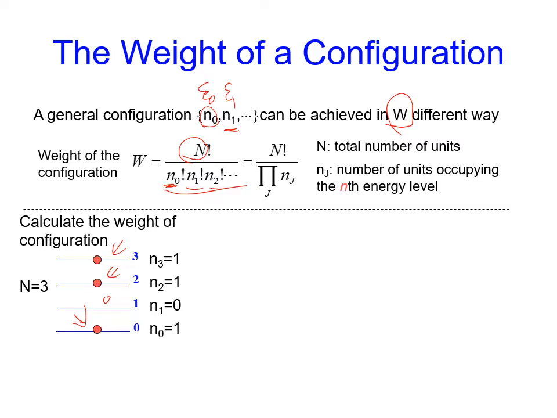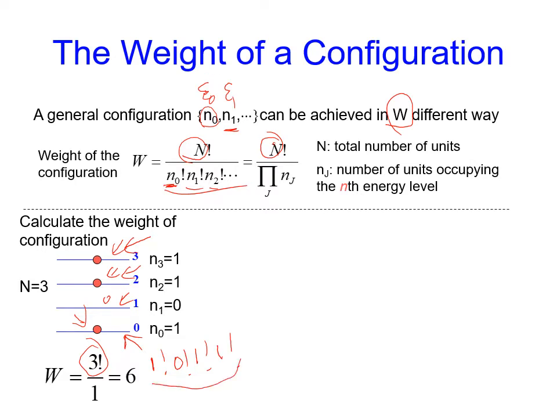Let's use this equation to calculate the weight. The total number of molecules or particles is 3. So we use 3 factorial divided by the factorial of the number of molecules occupying each level. The first one is 1 molecule factorial, the second energy level is 0 factorial, then 1 factorial, and the highest energy level is also 1 factorial.